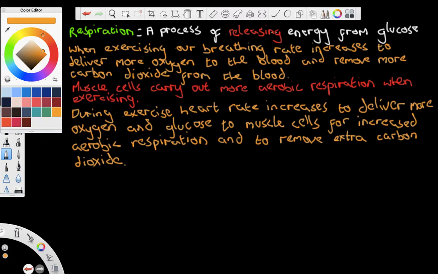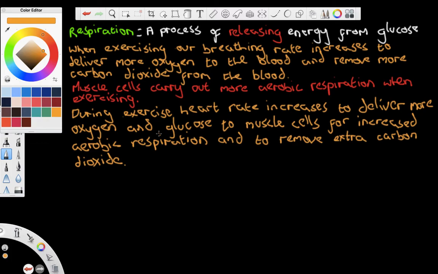When you're doing all-out exercise, you start breathing heavily and your heart rate increases. If you exercise really, really hard, you feel your heart beating in your chest. This is so that you can deliver more oxygen and glucose to your muscle cells so they can carry out aerobic respiration and therefore you can do the exercise.